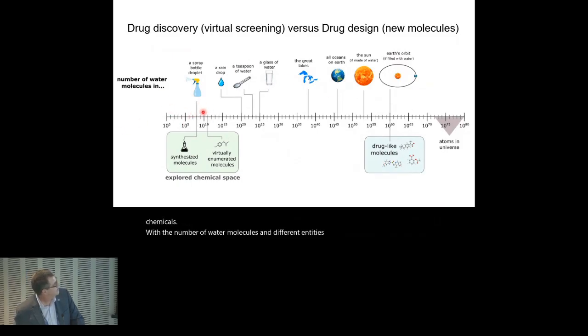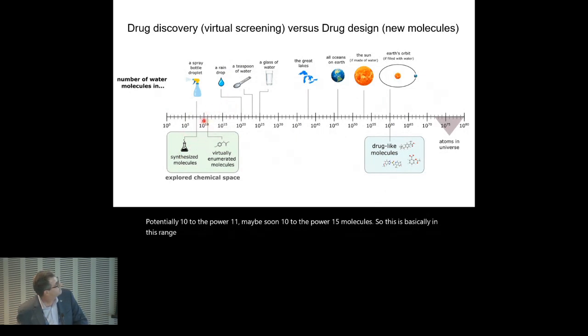Today, existing drug libraries contain about 10 to the power of 8 to potentially 10 to the power of 11, maybe soon 10 to the power of 15 molecules. So this is basically in this range.